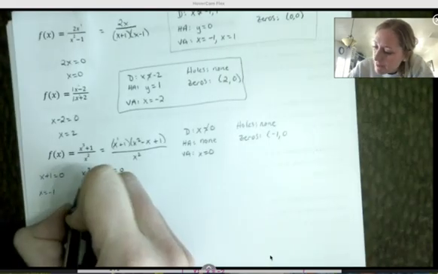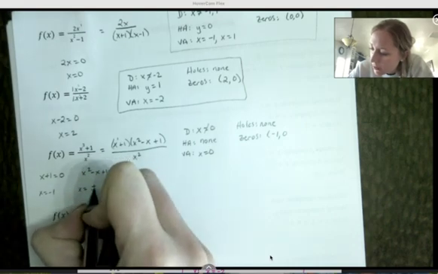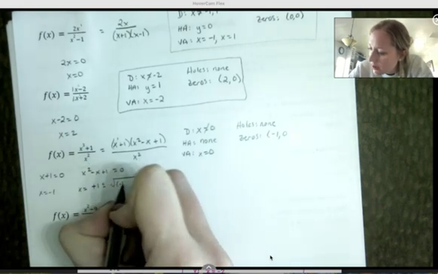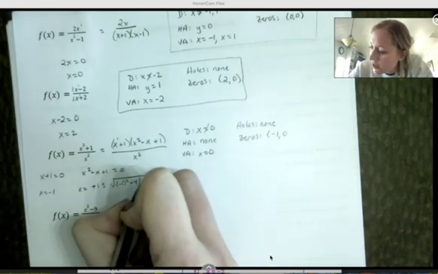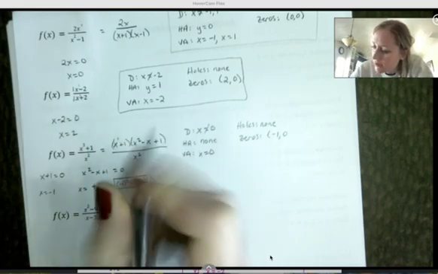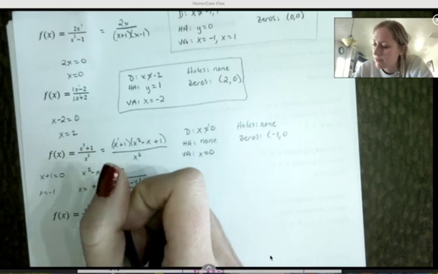So I'm going to get -b, so -1 is +1, plus or minus the square root of b squared minus 4 times a times c, all over 2a.